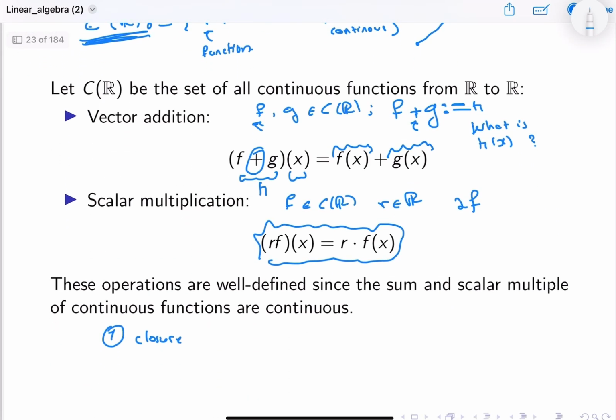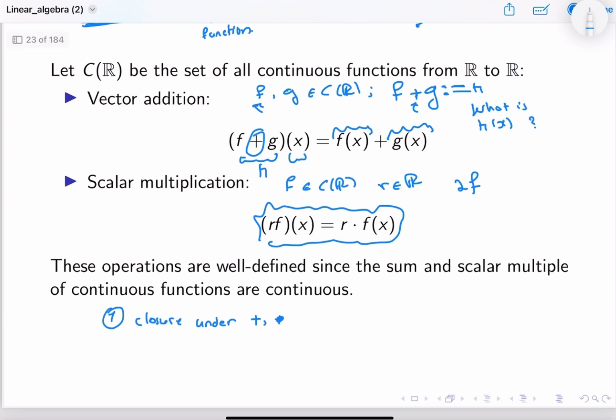So let us see, do we have closure under addition and scalar multiplication? So let's see if that's true. We're starting with any element f in C(R) and any element g in C(R), and when we're adding these, we're getting something else of this form.